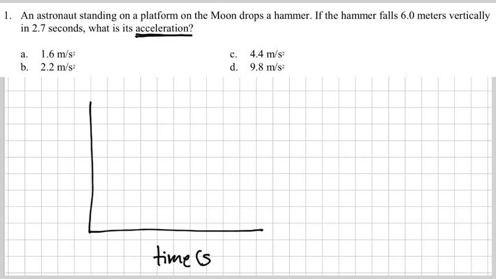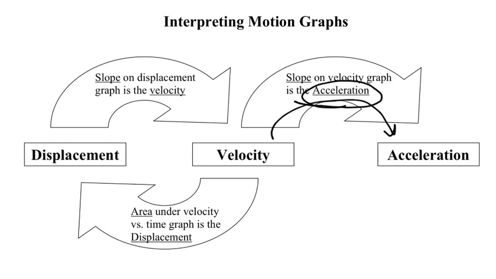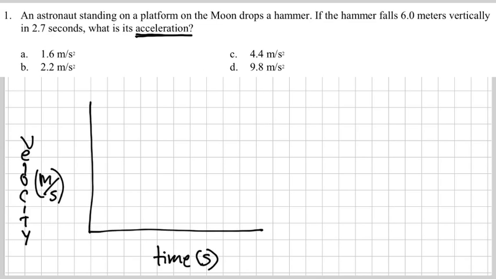Now you don't really have to be particular in making this. Just label a set of axes with their units. Velocity versus time graph is the most commonly used graph to solve these types of problems because it has so much information on it. We can find the slope, the acceleration, but we also can find displacement from an area under the curve. So it's actually two pieces of information.